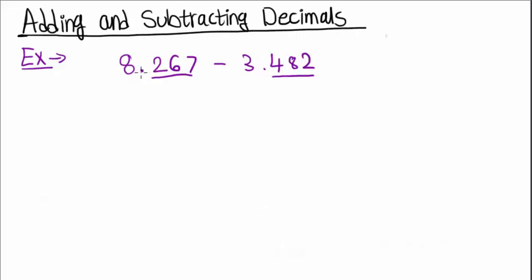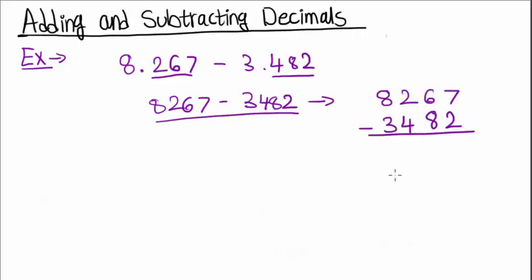Now I can get rid of this decimal point over here and rewrite this as 8267 minus 3482. Now I can do the correct setup of this over here. Next, I can do 7 minus 2 to give me a 5. 6 minus 8 will give me a negative number, so I need to add a 10 to 6 to give me a 16 and take 1 away from the 2 to give me a 1.